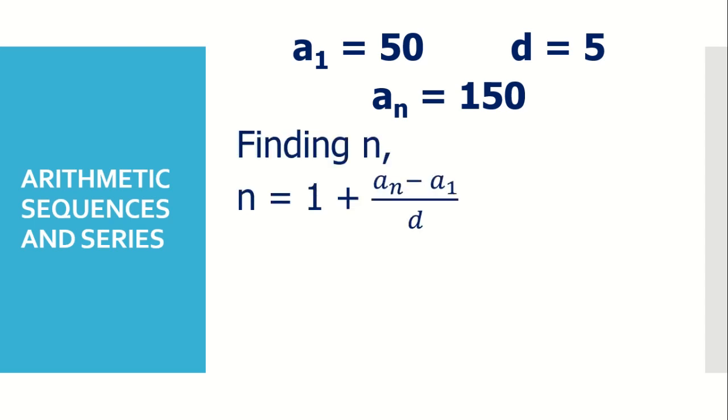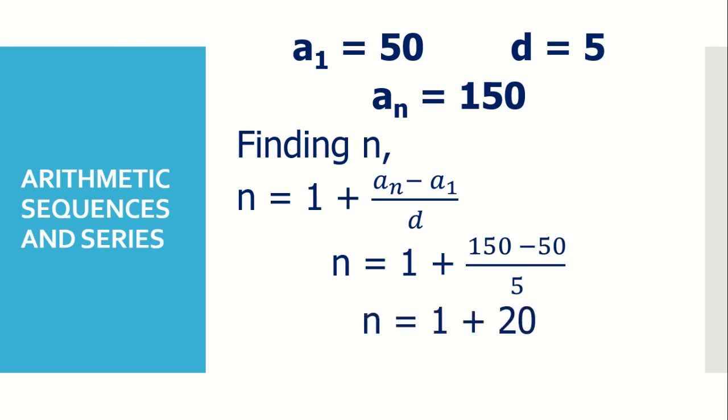Finding n, we use again the formula n equals 1 plus a sub n minus a sub 1 over d. By substitution, we have 1 plus 150 minus 50 divided by 5. 150 minus 50 is 100, divided by 5 is 20. Adding these two numbers, we get 21. So our n is equal to 21.